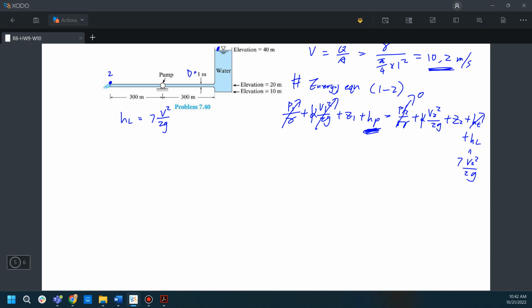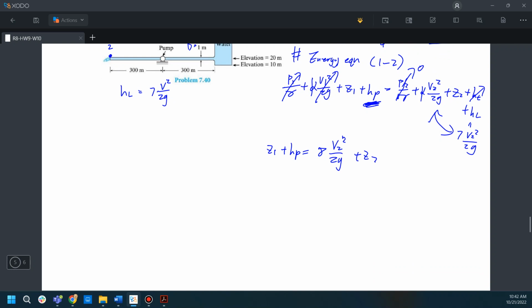But let's write the simplified equation down here so you can see it more clearly. And I add these two terms together. Okay, so this 8 V2 squared over 2g plus Z2.